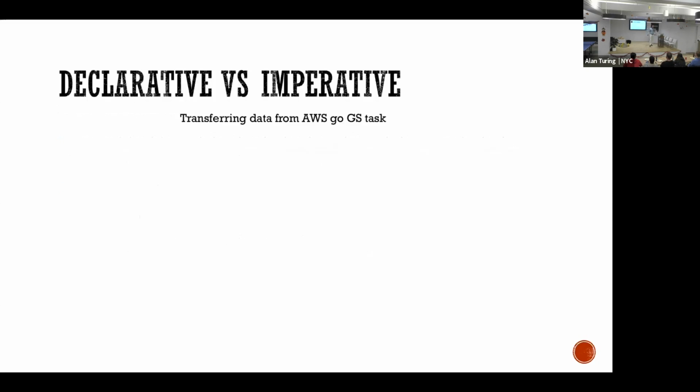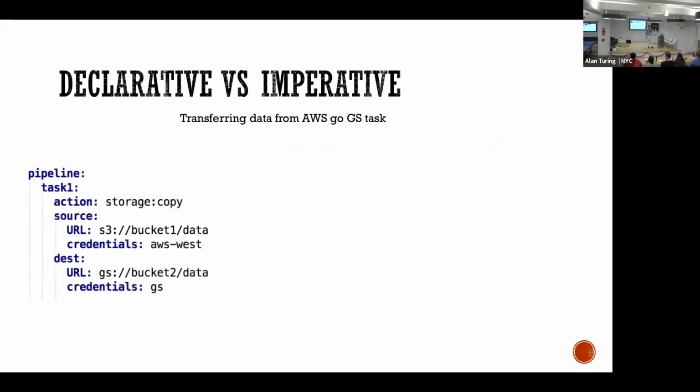So, declarative versus imperative. What's really the main difference? We know how we can code something. On the left side, there is an example of achieving a task: copying, let's say, a certain asset from S3 to Google Storage. If I use the declarative approach, I just provide a simple instruction: this is my source, S3, this is the credential, and this is my destination, move this data for me.